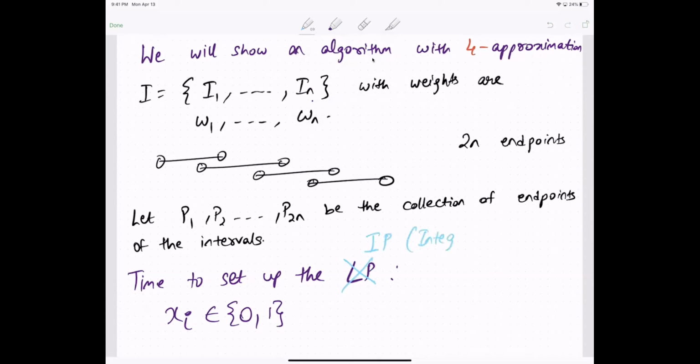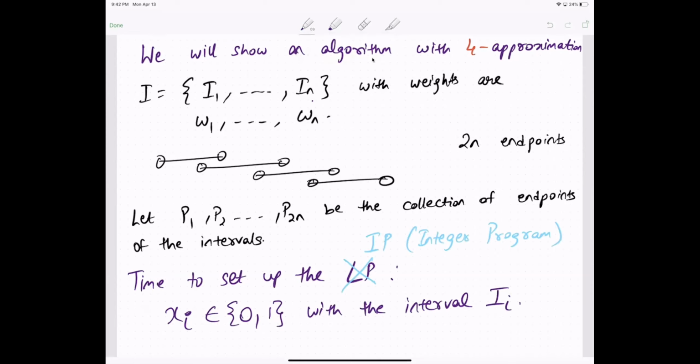So we'll associate a variable xi with the interval Ii, the i being the small subscript.